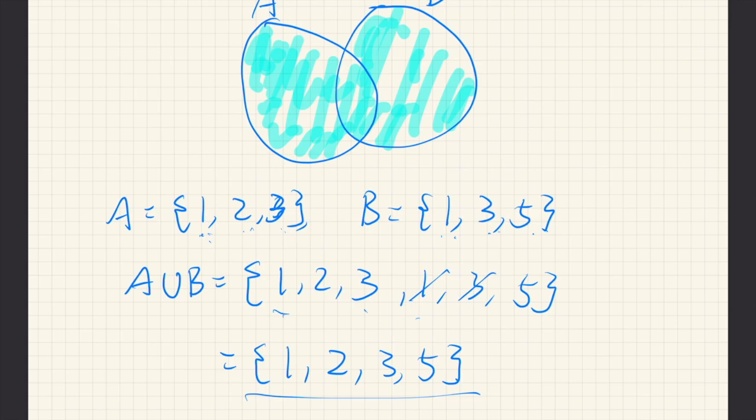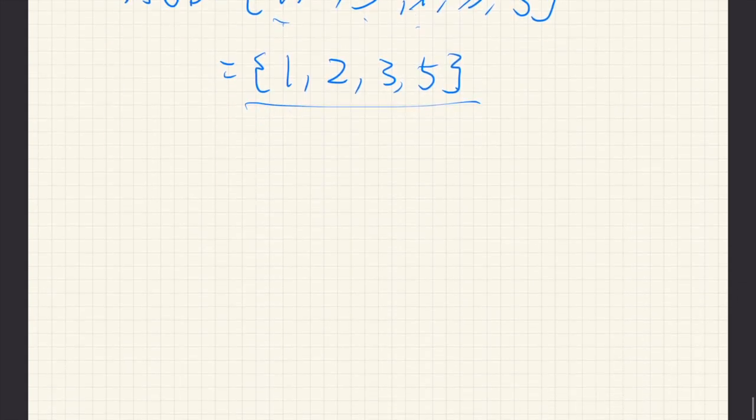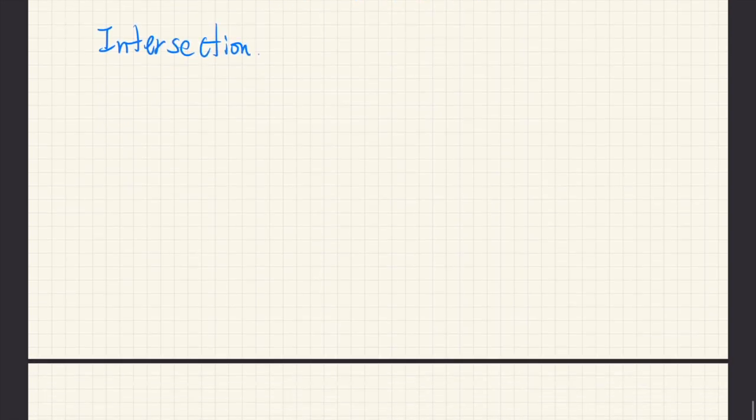Next operation is intersection. That we write like A cap B. So this is an upside down union symbol, and we usually call it A cap B because this symbol looks like a cap on your head, right?